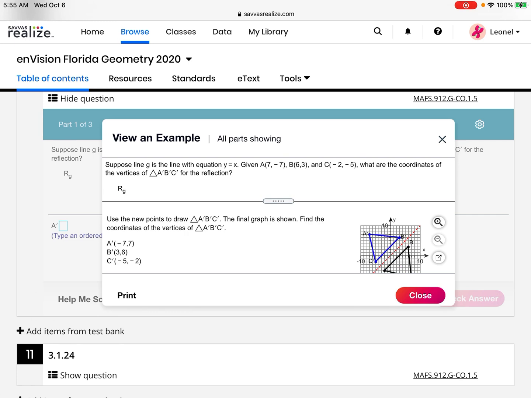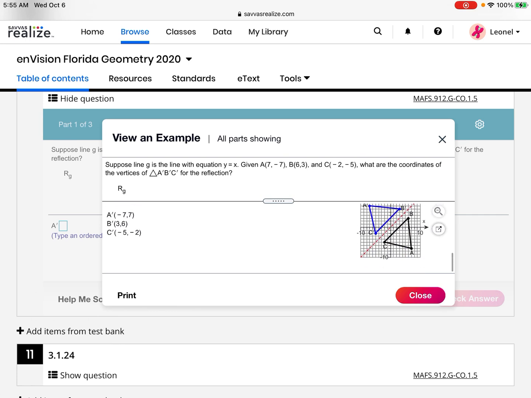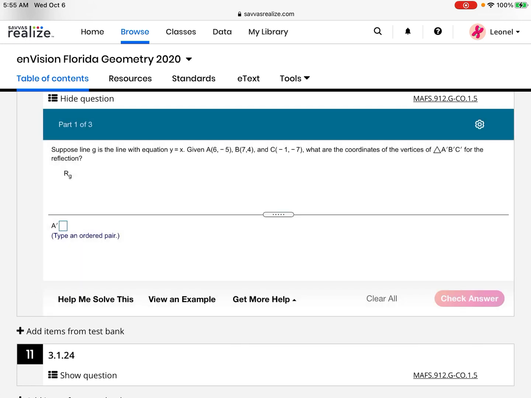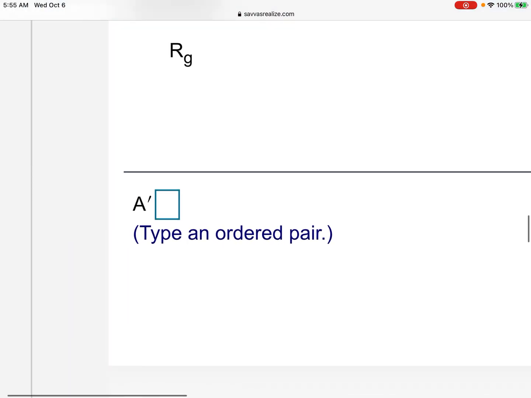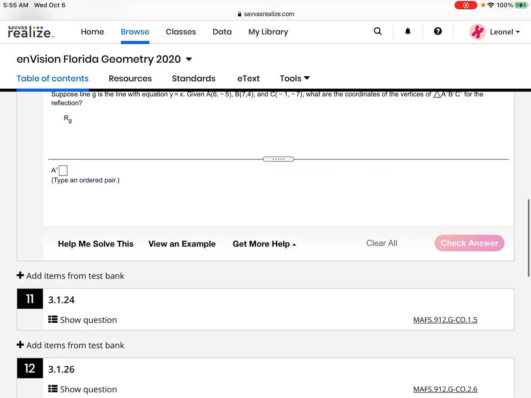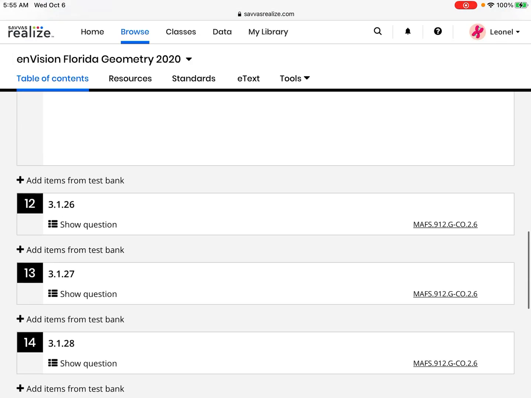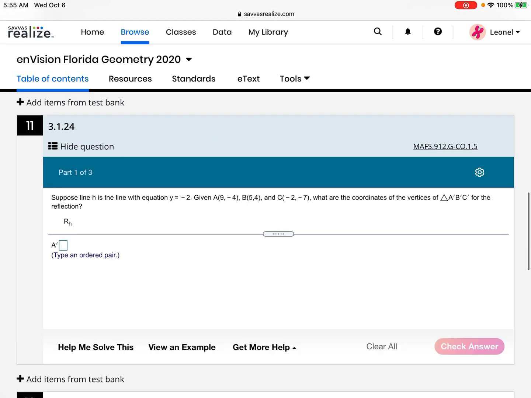I mean, this is the same thing. It didn't add anything. Oh, the 3 parts are the 3 different points. Sorry. Okay, so first they have you put A prime, and then they have you do B prime and C prime. Okay, I thought my little workaround wasn't showing the whole question.